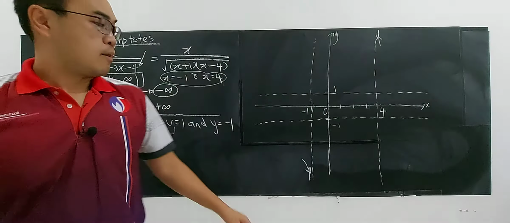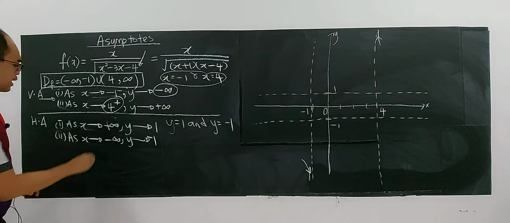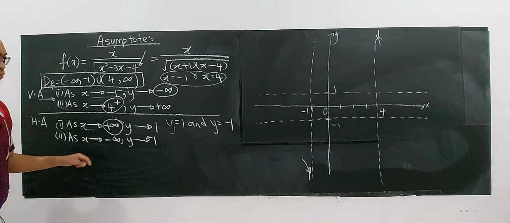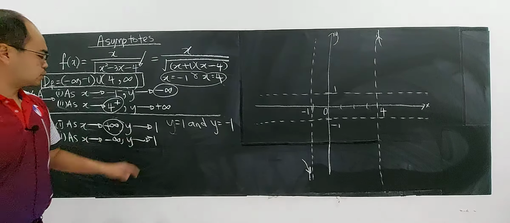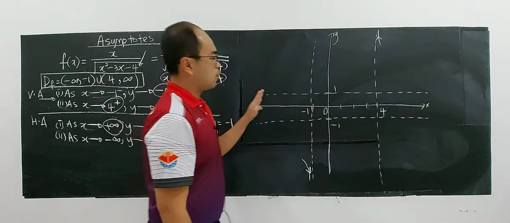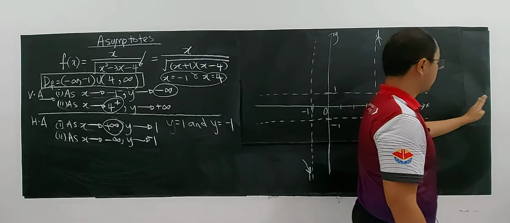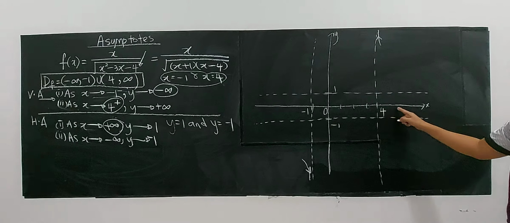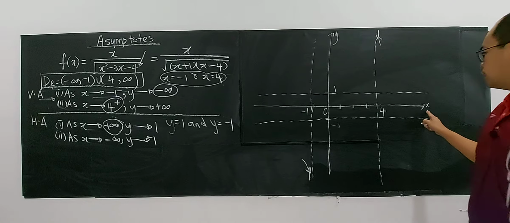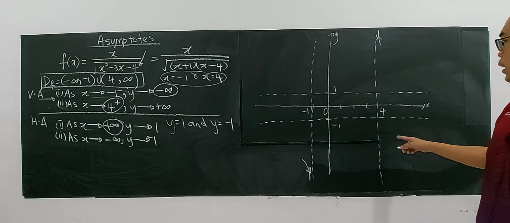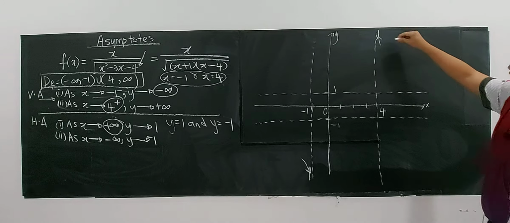Now we look at limits at infinity. As x approaches positive infinity, y approaches 1, right? For a very big value of x, the graph approaches 1.